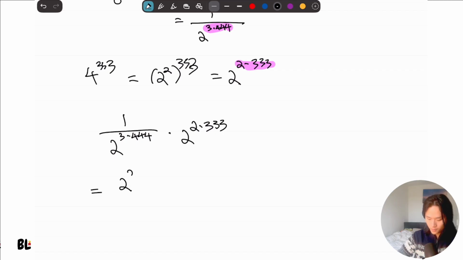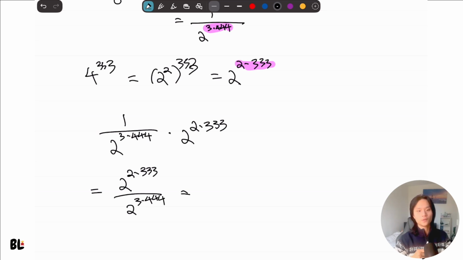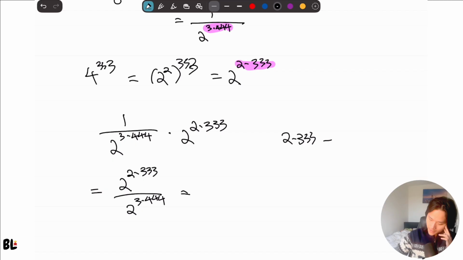So 2 to the power of 2 times 333, over 2 to the power of 3 times 444. Well, when we have that, we subtract the powers, right? So what is 2 times 333 minus 3 times 444?